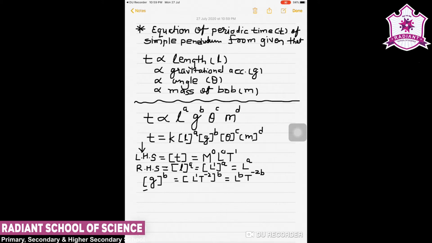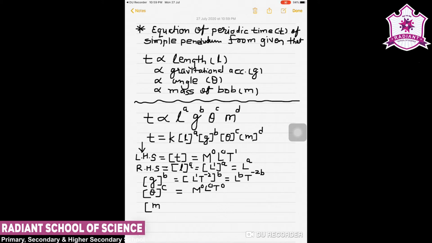Now theta is dimensionless, that is angle, so it has no dimension. It is M0, L0 and T0, and at last it is mass.